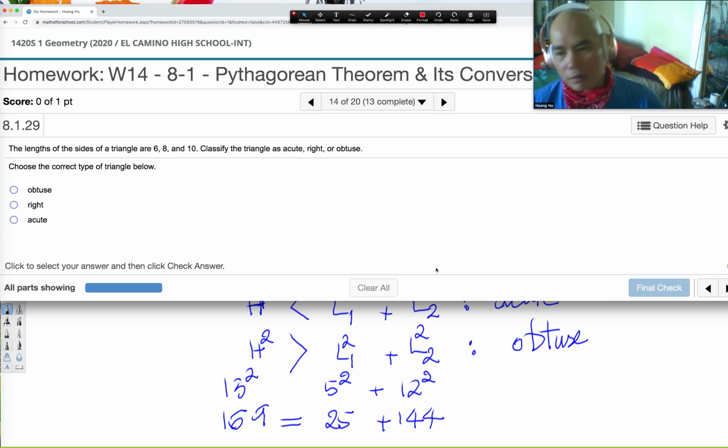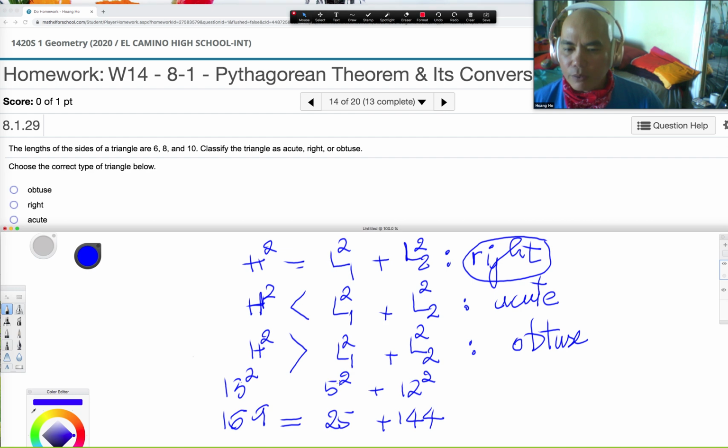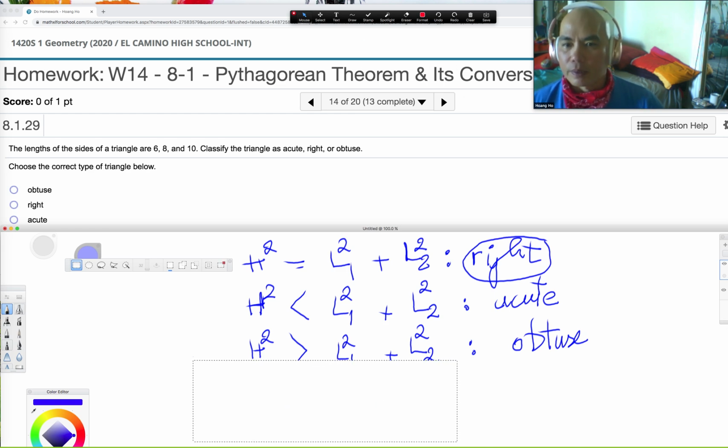Moving on to a very similar one. So I will do it again. I just erase the part that I need to erase over here. Okay. All right. Now I can change to the color red. The longest side will be 10.